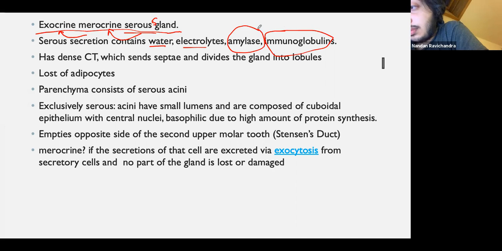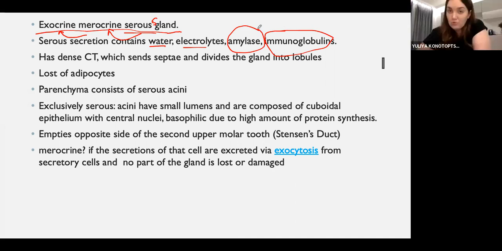What does it do? It breaks down carbohydrates. Very good. It breaks down disaccharides into simple saccharides, the simple sugars. Is it correct to say that amylase is only made by the salivary gland, or is there another organ that can make amylase?